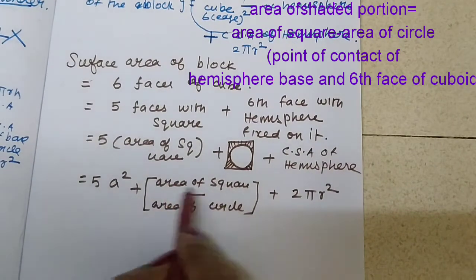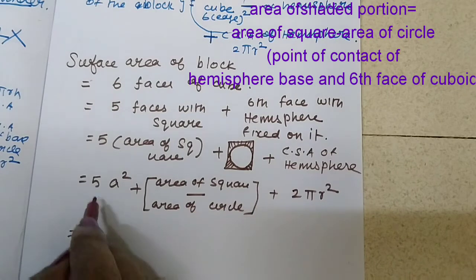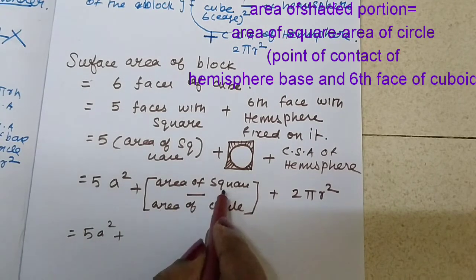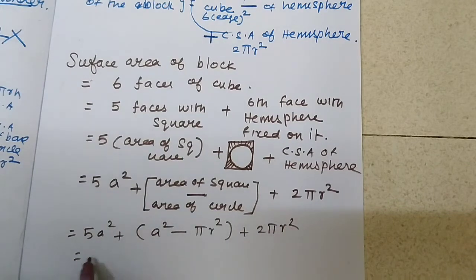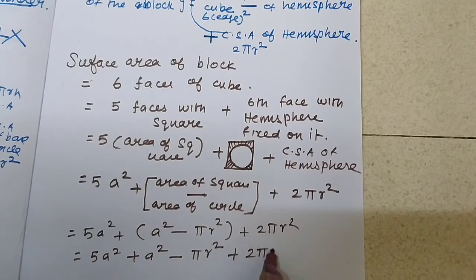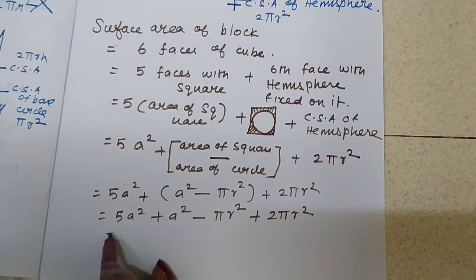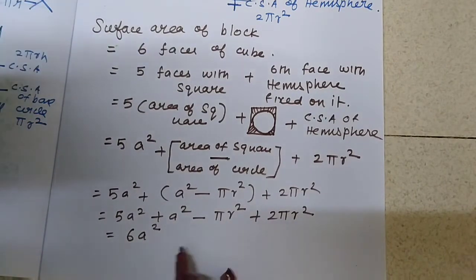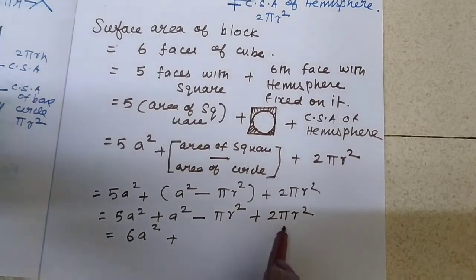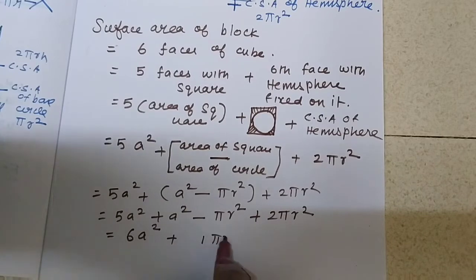So 5a square plus, area of the square formula is a square, minus area of the circle formula is pi r square, plus 2 pi r square. 5a square plus a square is how much? 6a square. How to subtract 1 pi r square from 2 pi r square? So the answer is 2 pi r square minus 1 pi r square is 1 pi r square. Write the plus sign.